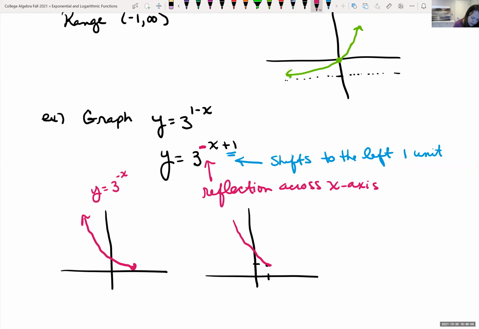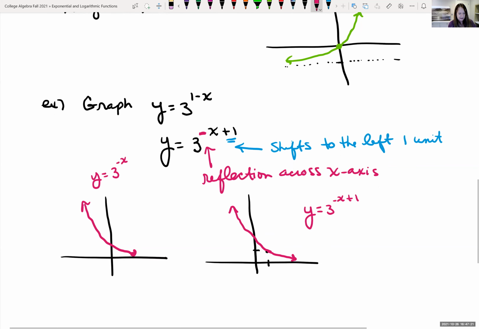And so we look something like this. So reflecting across the axis or shifting to the left one has not changed where my asymptote is or what my range is.